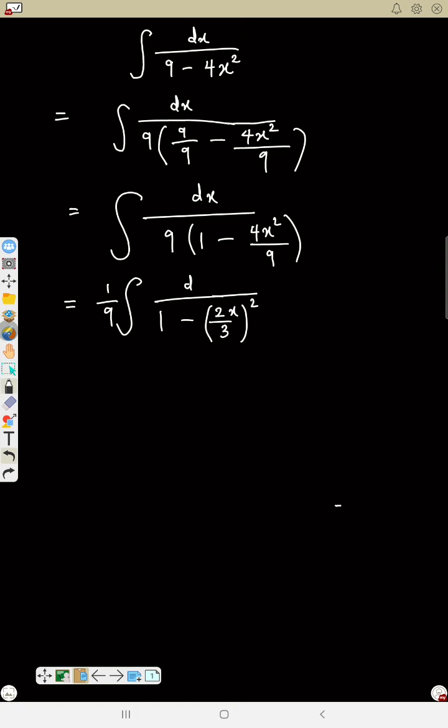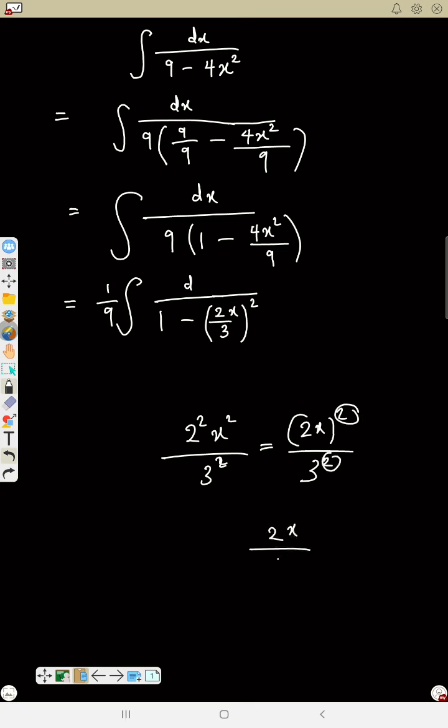Or you can say 2 squared s squared divided by 3 squared. Now square is common to both, so that will be 2s over 3 everything squared outside. So that means 4s squared over 9 is 2s over 3 everything squared. So it will still give us 4s squared over 9.